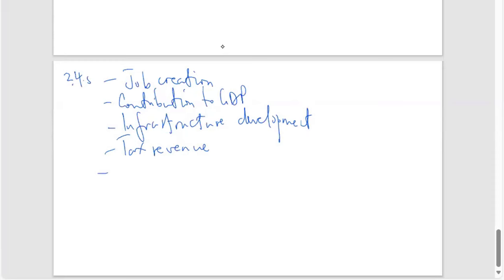It is also going to lead to the multiplier effect: related industries in the province are also going to develop because of those industries.